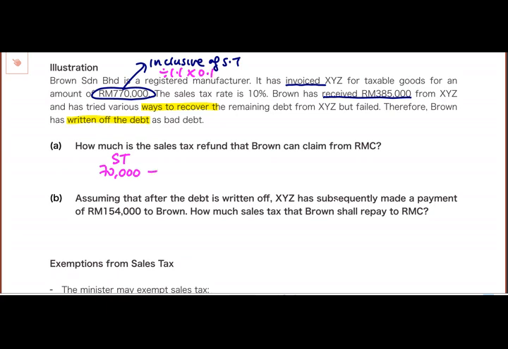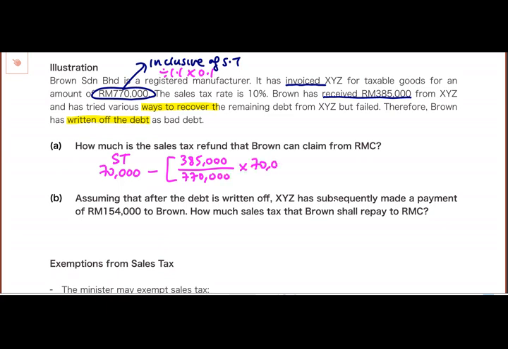Then you minus out the portion that you have already recovered. And the portion you recovered is what? How much have you recovered? You received 385,000 out of 770.